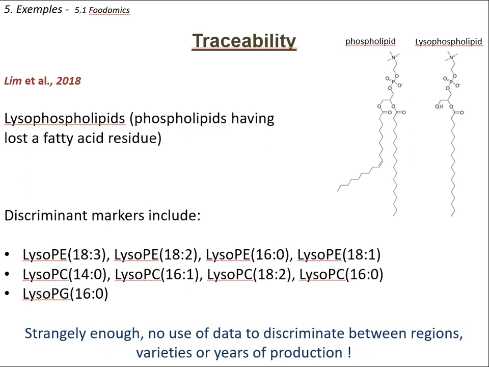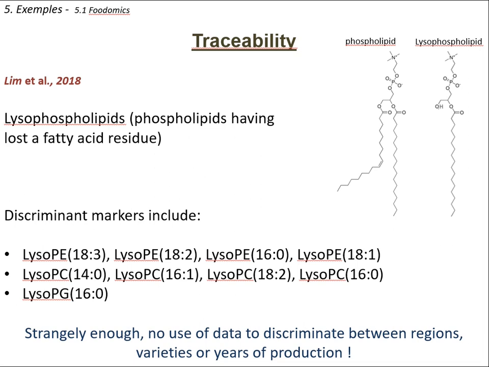So these phospholipids might be lysophospholipids, in fact, which are phospholipids having lost a fatty acid residue. So you have the intact phospholipid with two chains of fatty acid, and the lysophospholipid, which has lost one of these ramifications.